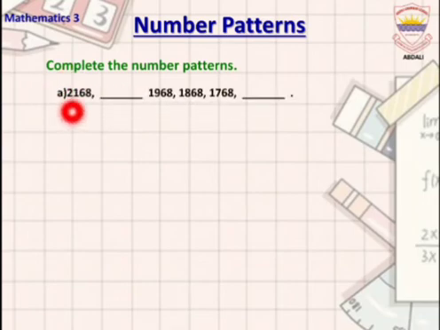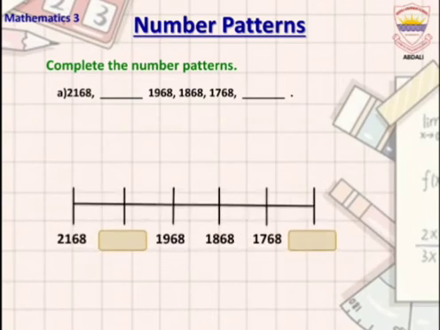Here, students, the numbers shown are 2168, 1968, 1868 and 1768. We find the number after 2168 and 1968. Students, on the number line we move backward.